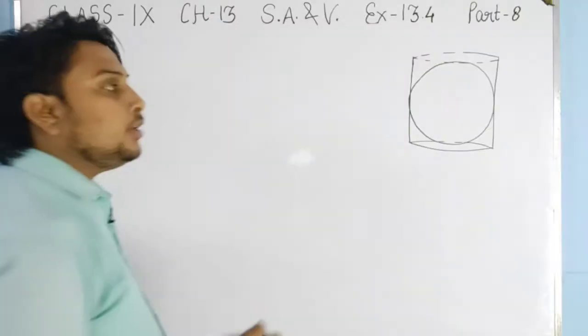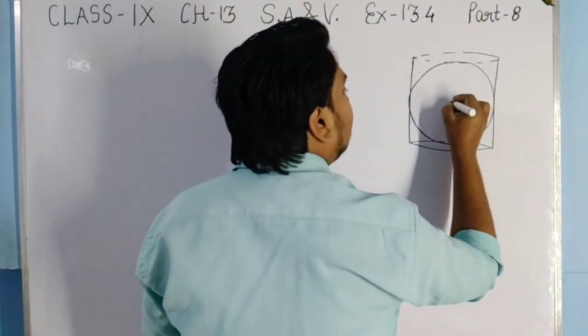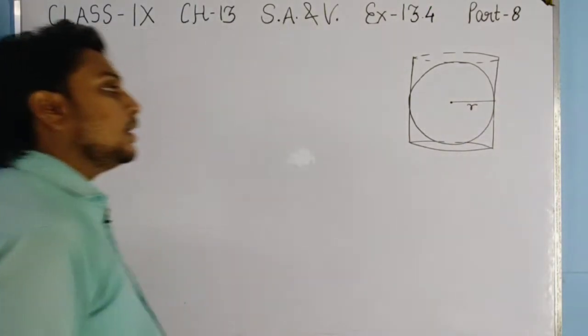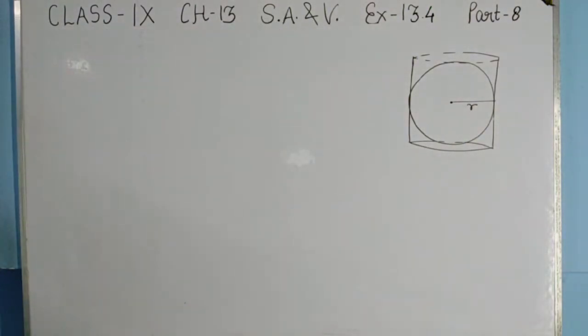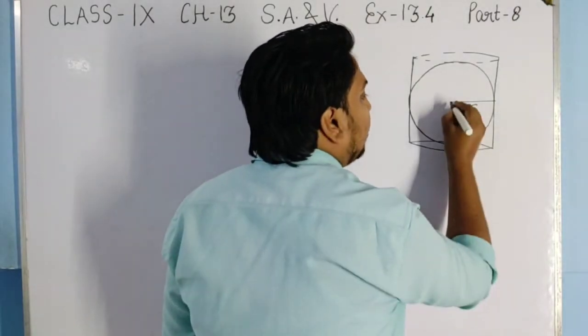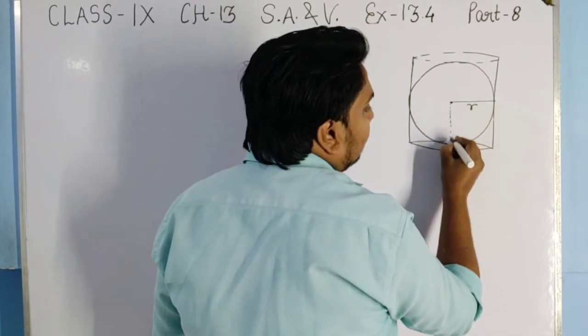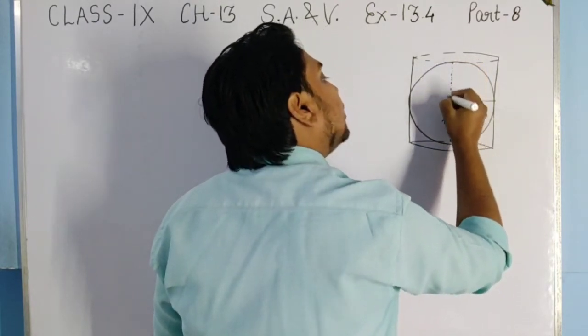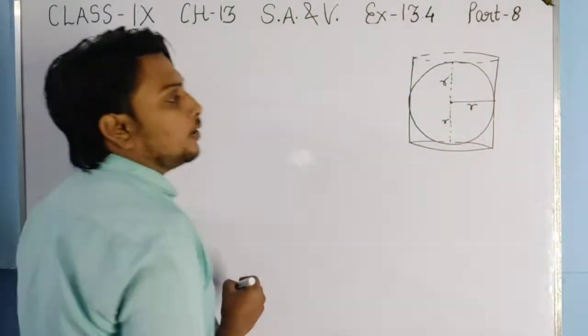So one thing you can observe from here is that the radius of this sphere is r, as it is said in the question, sphere of radius r. Here also the radius of the sphere is small r.